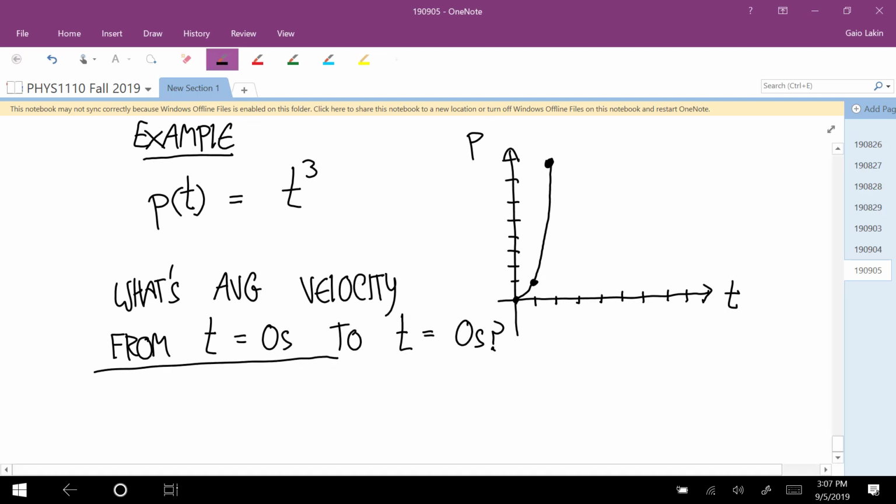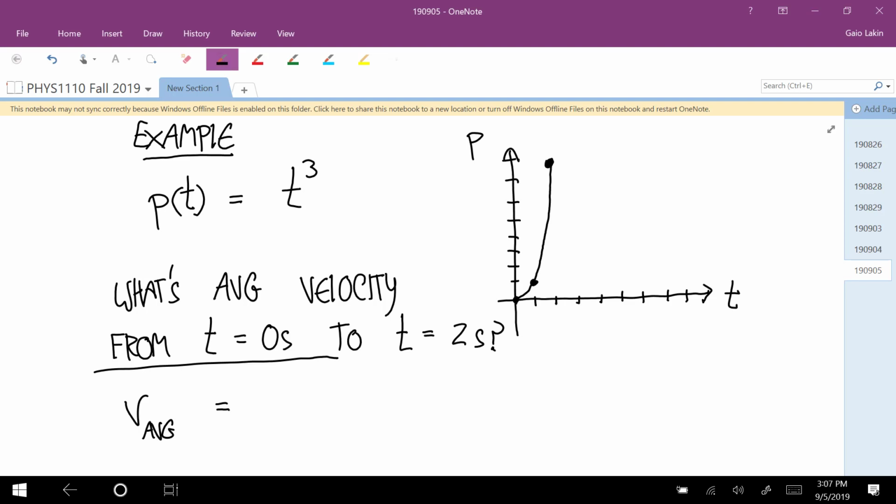Okay, so to calculate that, the definition of the average velocity is the position at the later instant minus the position at the earlier instant. This should be 2. So 2 seconds is the later instant. What's the position at 2 seconds?